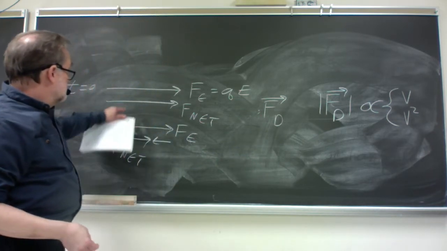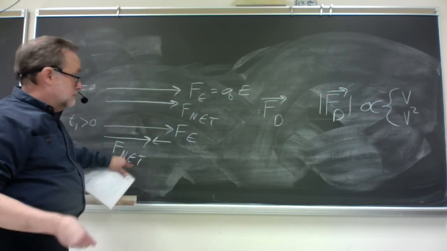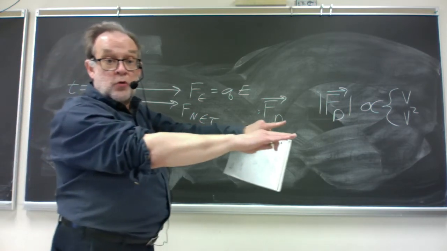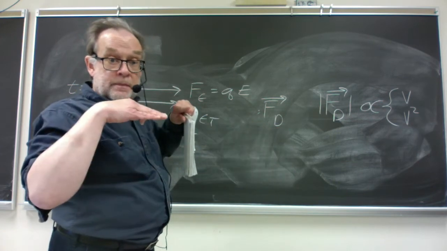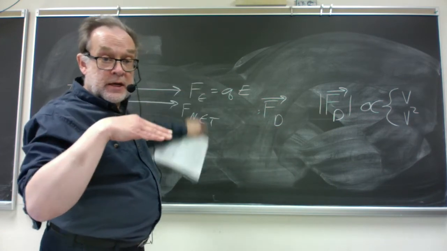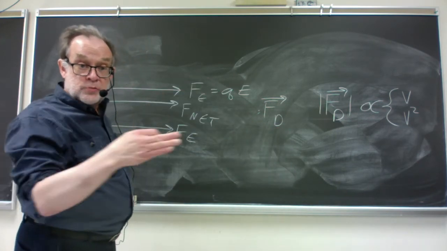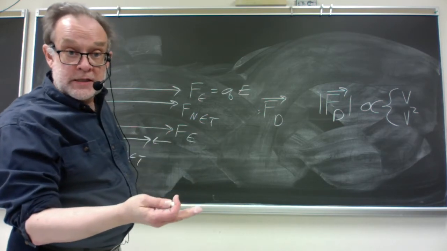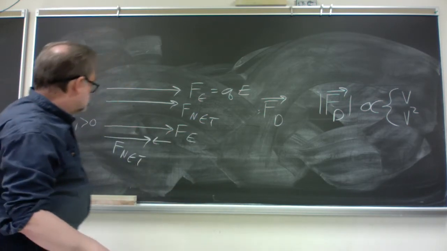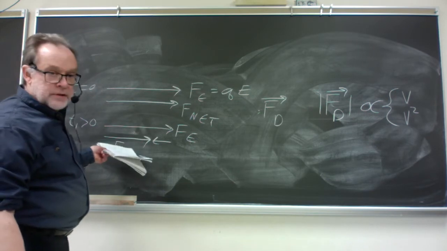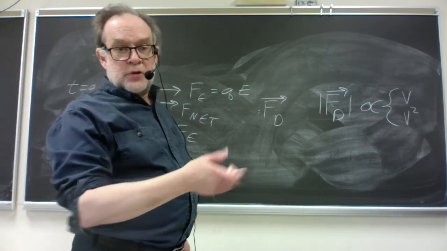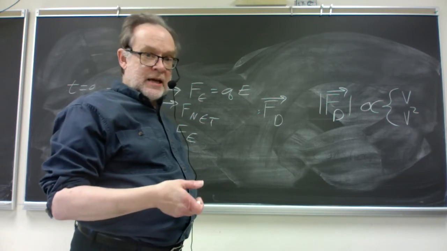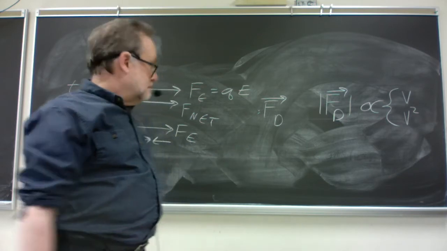In other words, at both this time and this time, there's forward net force, so there's forward acceleration. So at both of these times, the charged particles are gaining forward velocity. It's just that now the net force is smaller, so the acceleration is smaller, so the rate at which forward velocity is gained is smaller.